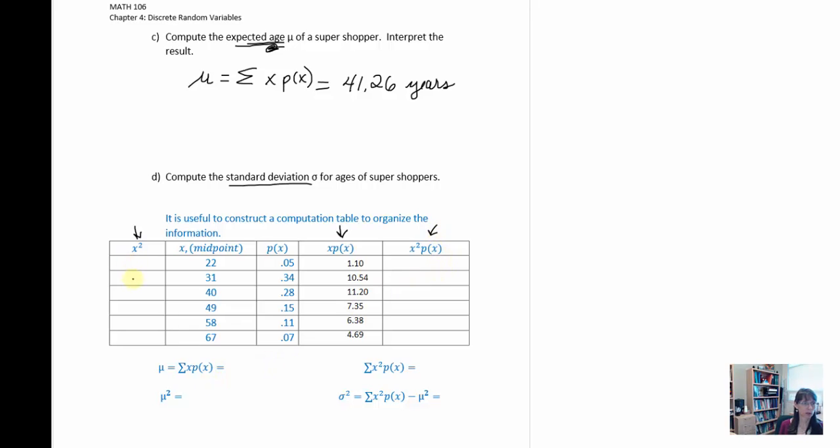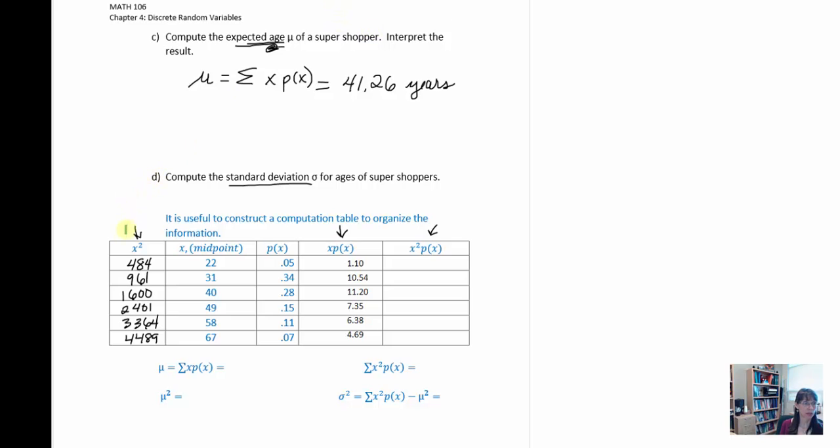So let's fill in the x squared values. 22 squared makes 484. 31 squared is 961, 40 squared is 1600, 49 squared is 2401, 58 squared is 3364, and 67 squared is 4489.